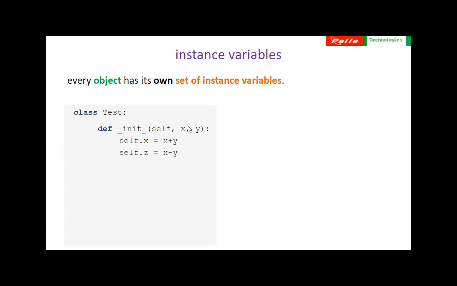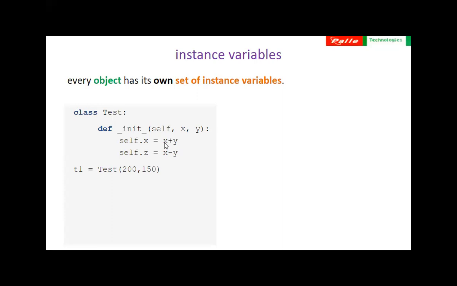Is it clear? Now after that, I am creating an object. T1 is equal to test, 200 comma 150. Now tell me what will be stored inside x? 200. What about y? 150. Now what will be stored inside x? x will be x plus y.